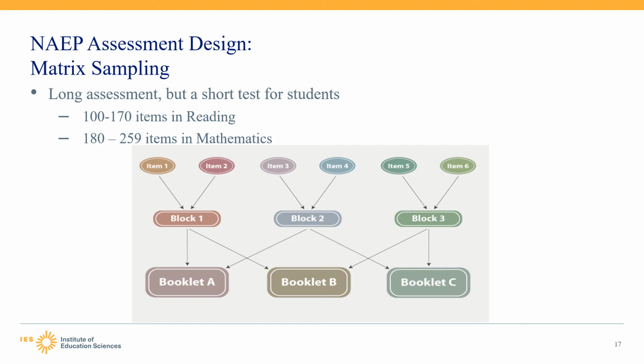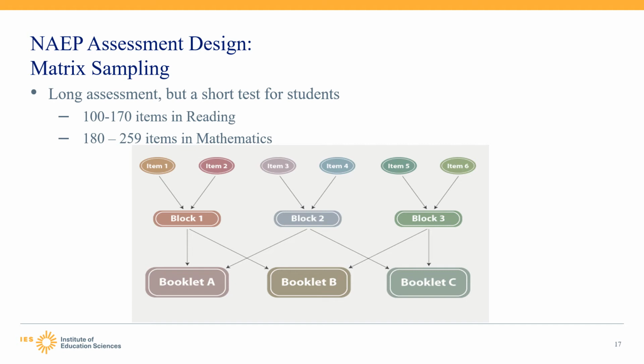For example, the number of items in any one assessment for reading is between 100 and 170, and for mathematics is between 180 and 250. Each student does not take each item. In fact, every item is exposed to about 1/4 of the student sample.